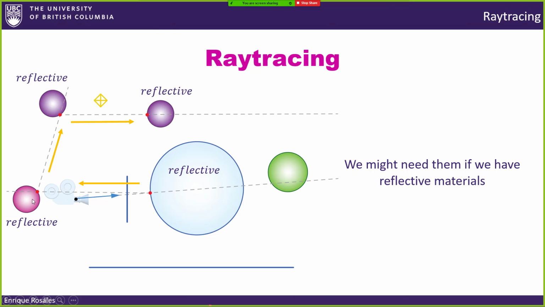Here I'm not breaking the rule that I told you before, because I told you before we never process objects that are behind the ray. I'm not breaking the rule here because this object right here is behind the first ray, so I will never check this guy for the first ray, but it's in front of the second ray, right?